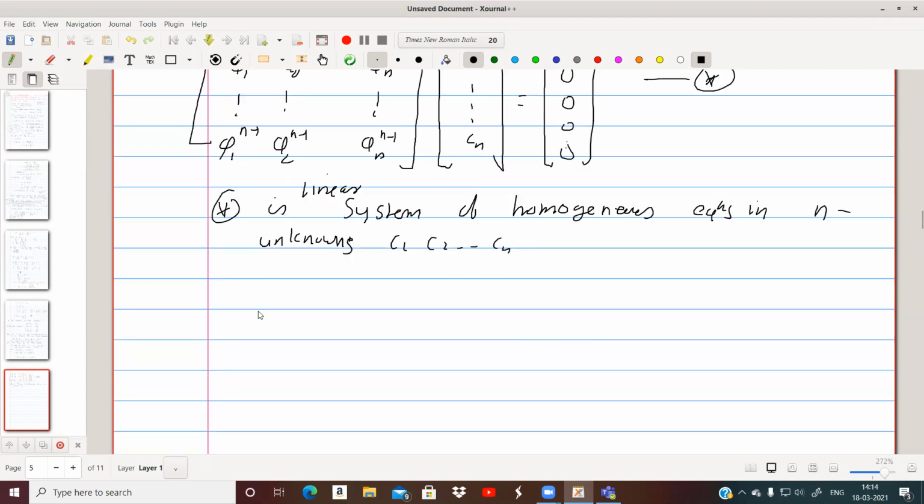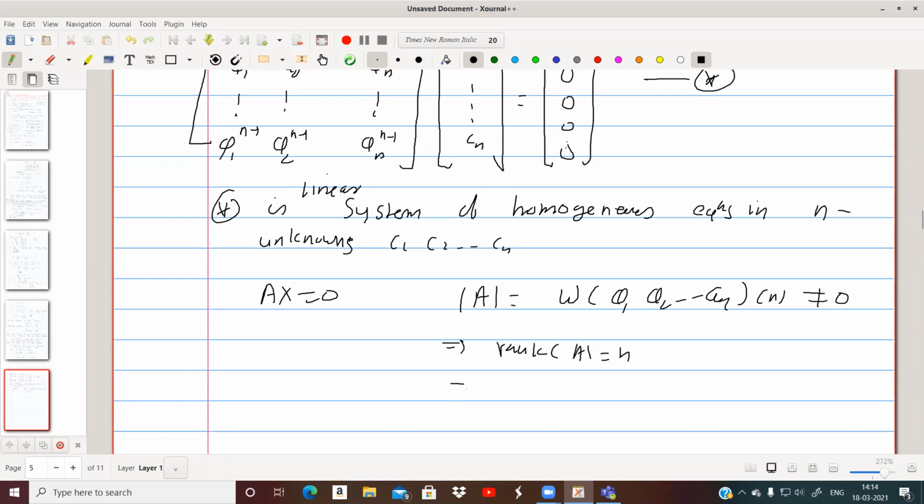Now we have seen this coefficient matrix, and it will be Ax equal to 0. Determinant of A is nothing but your Wronskian of phi 1, phi 2, phi n at x, which is never going to be 0. If determinant is non-zero, that implies rank of this matrix is n, which is equal to your number of variables. What it implies is it has only the trivial solution.